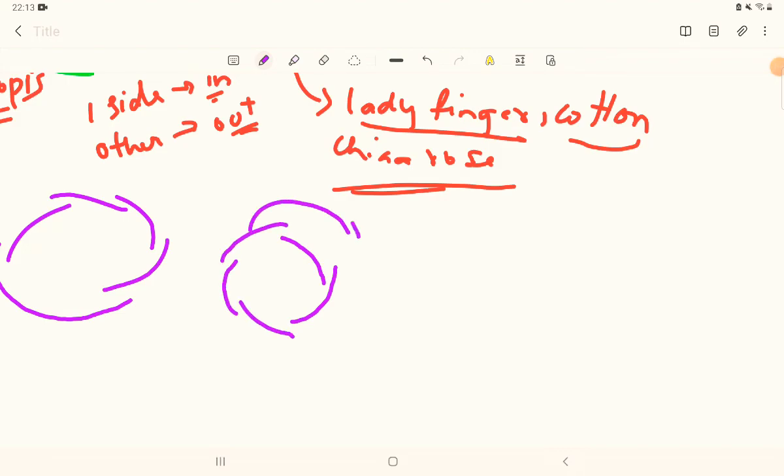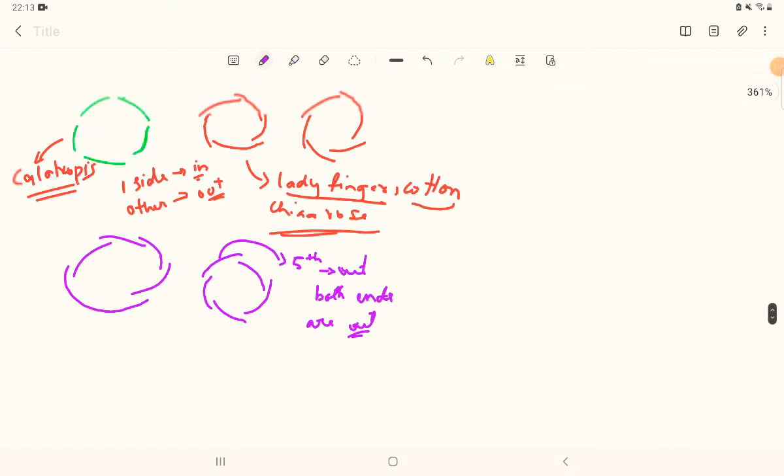So the 5th petal is out, so both ends are out. This is the difference between this flower and this flower.